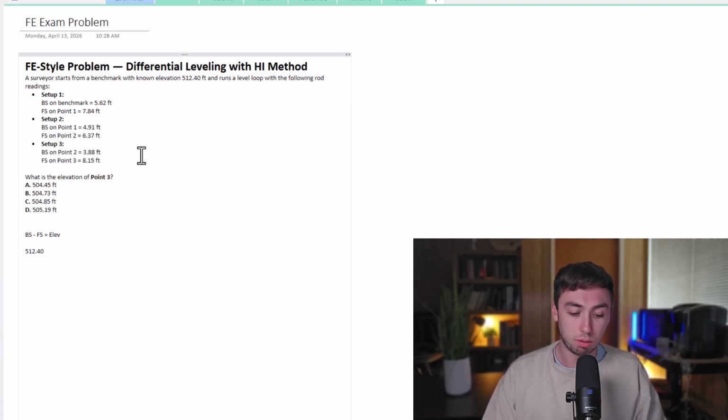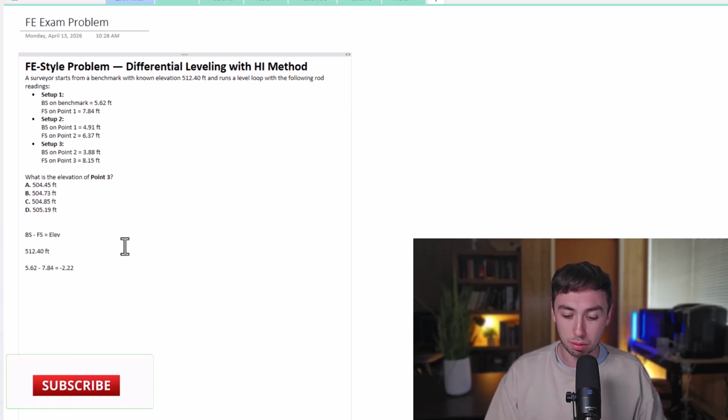Backsight, 4.91 minus 6.37. Negative 1.46. So then we go 510.18. Subtract that 1.46. That gives us 508.72.